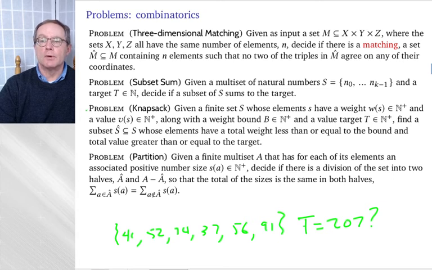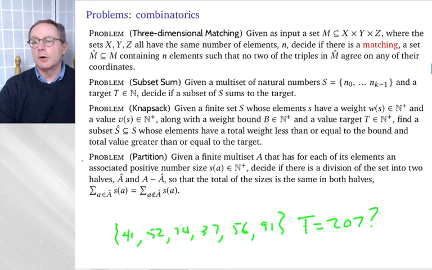So, for example, you might have 7 things, and some of them are heavy but not very valuable, some are heavy and valuable, some are light and valuable, some are light and not valuable. And you ask yourself, can you find a subset S that meets your total weight target, it has to be less than a total weight, and also meets your total value target, the total value has to be higher than some bound.